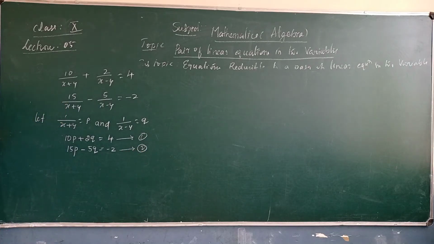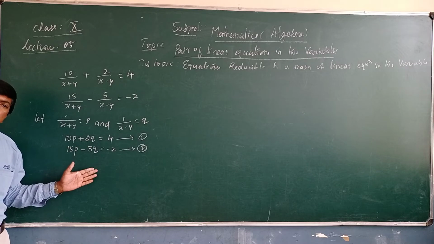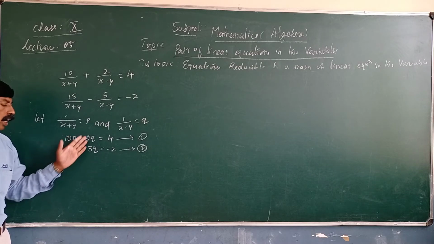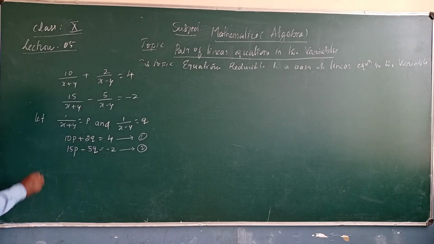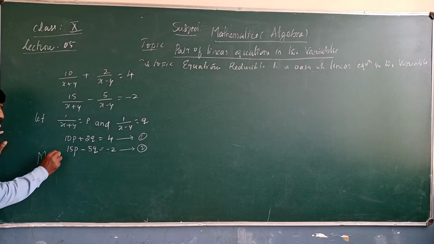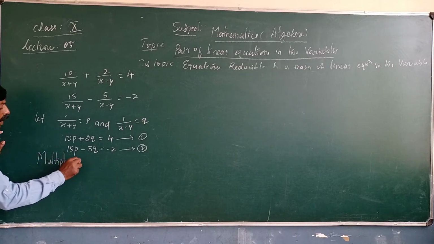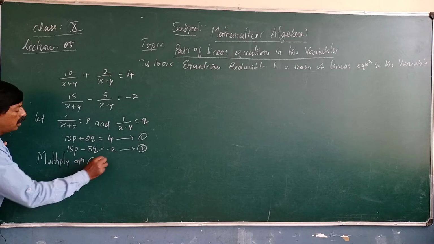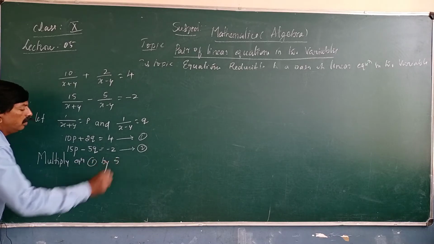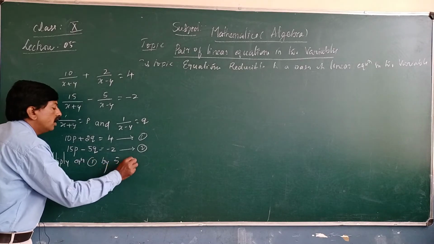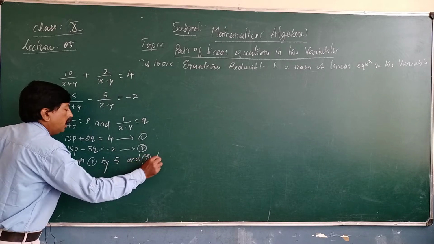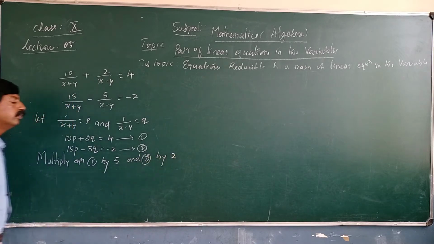Now observe these two. Directly it is not possible to eliminate either p or q. That's why multiply equation 1 by 5 and 2 by 2.